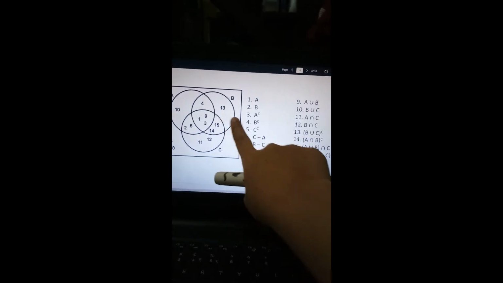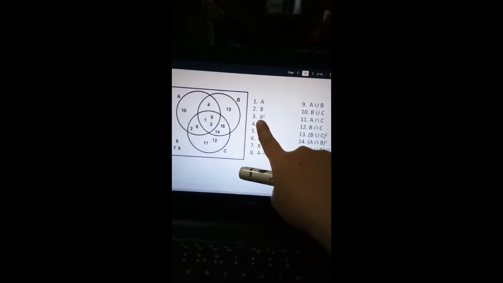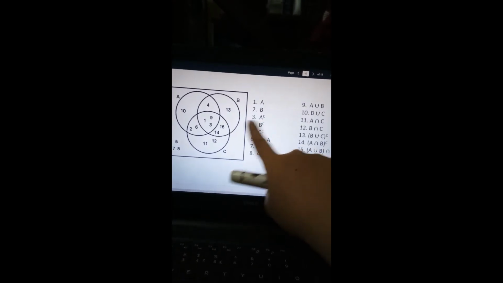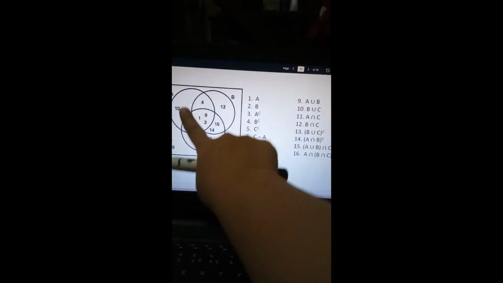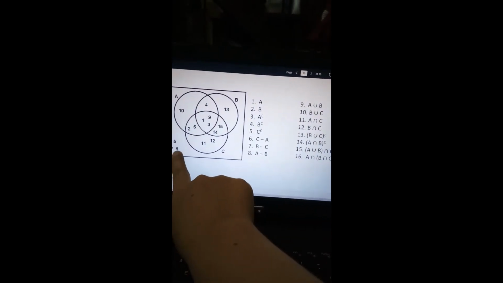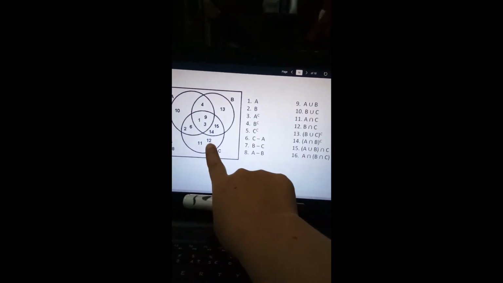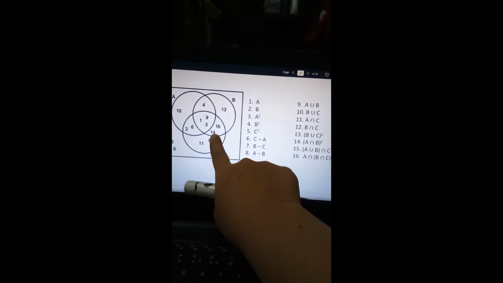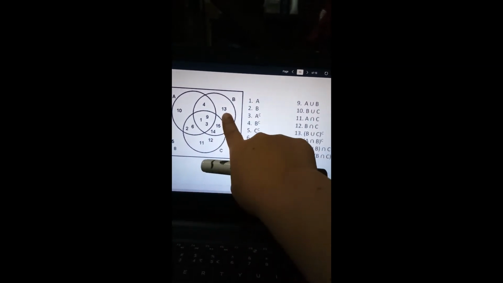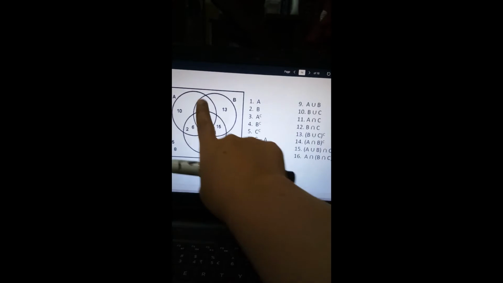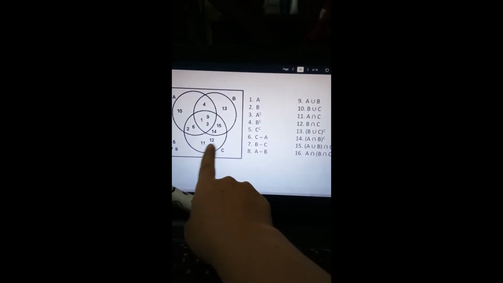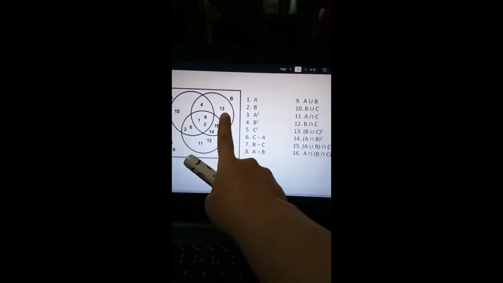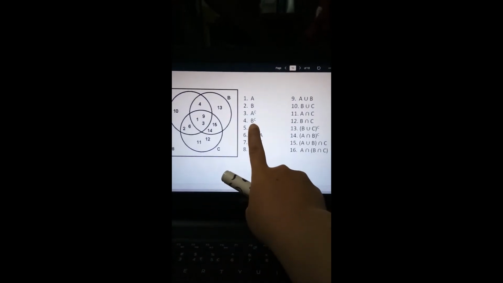Okay? Next, A complement. What are the elements under A complement? Not set A. Hindi daw itong set A. What are the answers? 5, 7, 8, 11, 12, 14, 15, 13. Okay, that is number 3. Paano naman kapag B complement?